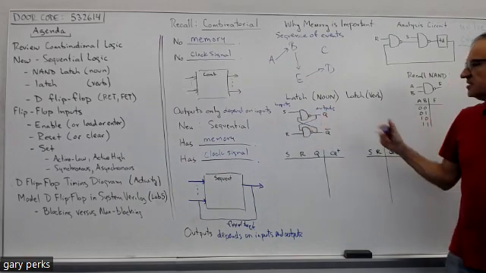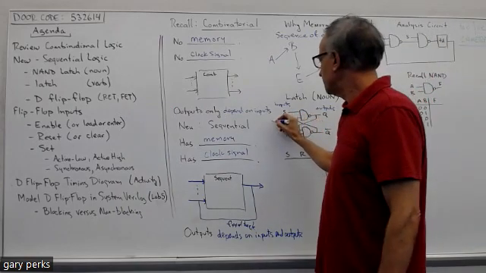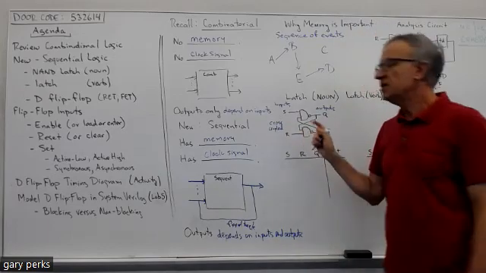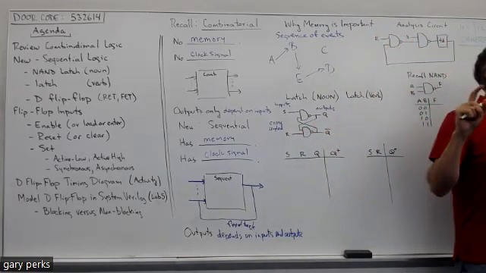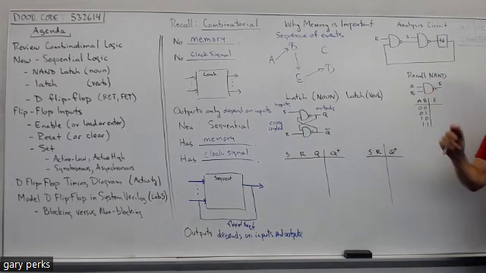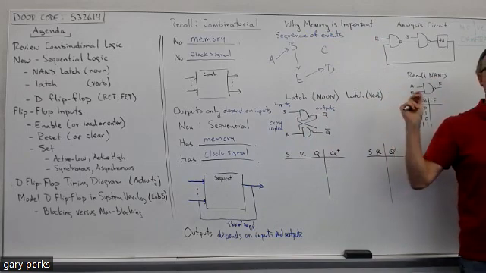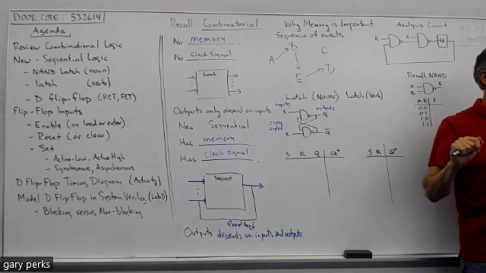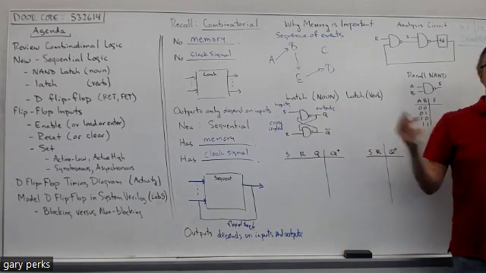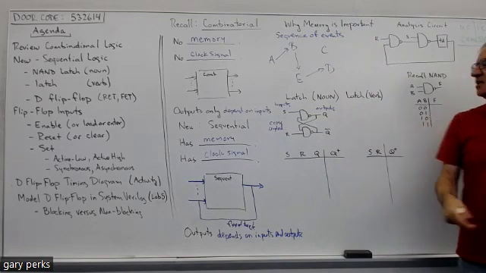This type of connection is called cross-coupled. So the way you make a latch is you either take two NAND gates and cross-couple them, or you take two NOR gates and cross-couple them. So that's latch the noun, which is the actual logic circuit.